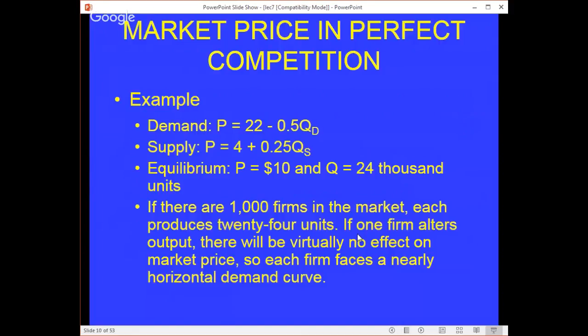And then once I have them set equal, I just solve for Q. I take this 4 over here.